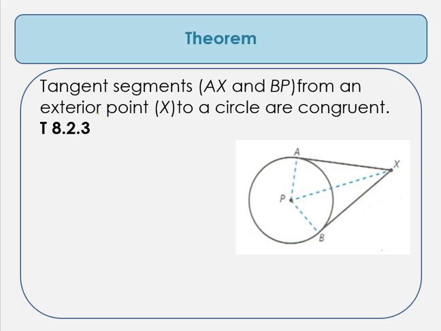We can also draw a line XP from this outside point to the center of circle P. Note that they form two triangles. We know one thing about these triangles is that AP and BP are congruent. We also know that XP is congruent for both of them.